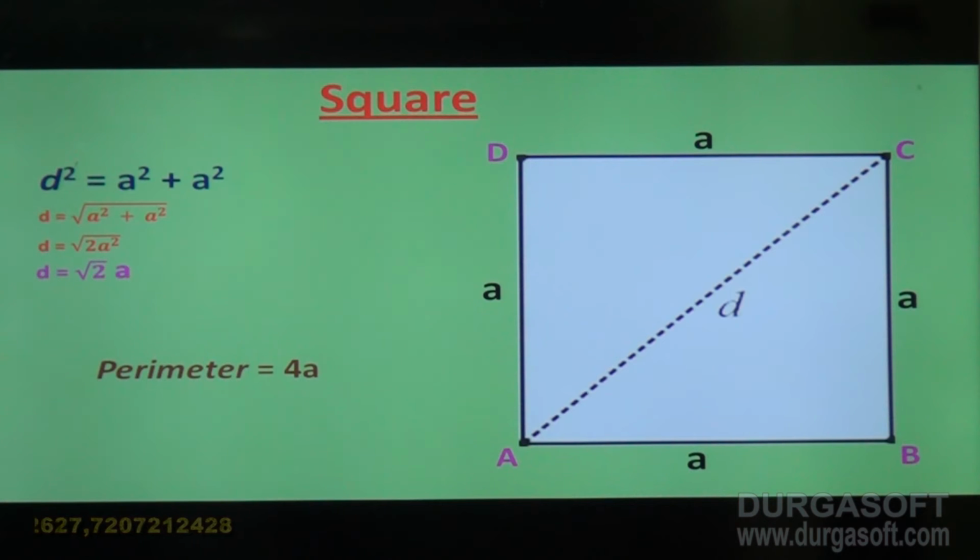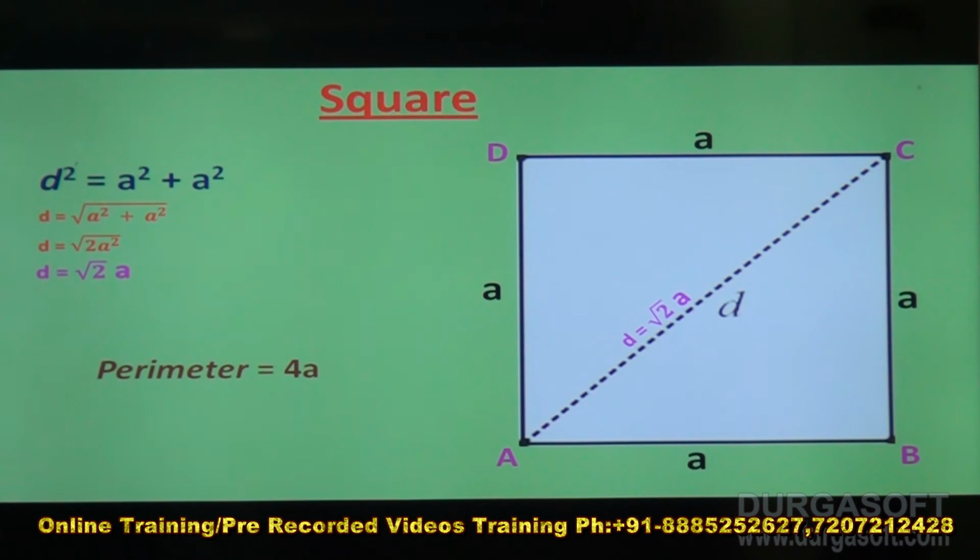And it can also be written as root 2a, as the square and root of this will get cancelled. So at last we got the diameter as root 2a and the perimeter as 4a.